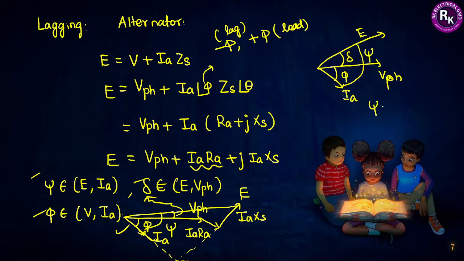From this I can say the internal power factor angle is the sum of delta plus phi. This holds whenever the alternator is operated at a lagging power factor. Don't memorize this formula first of all. Suppose your alternator is working under a leading power factor; then draw the phasor and again try to bring the relation. In the same fashion, you can also write this relation for a motor.